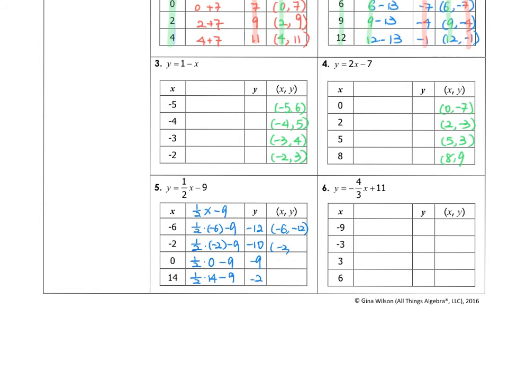And then you just gather all the x's and match them with all the y's. You just rewrite your ordered pairs in here. So this one is (14, -2).